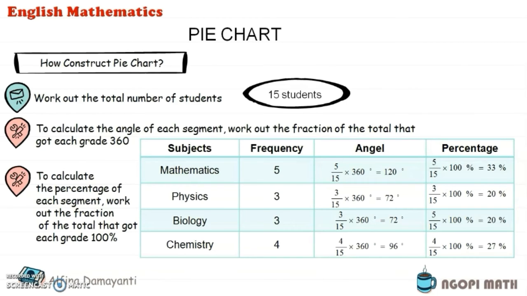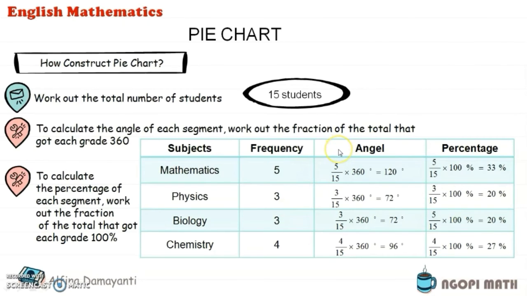To calculate the percentage of each segment, work out the fraction of the total that got each grade times 100%. For example, subject mathematics. In subject mathematics, we have a frequency of 5.